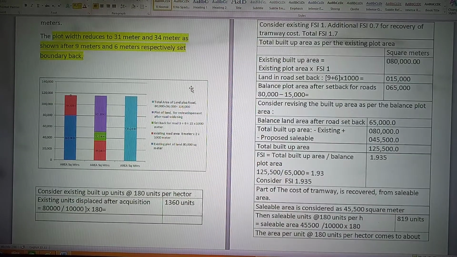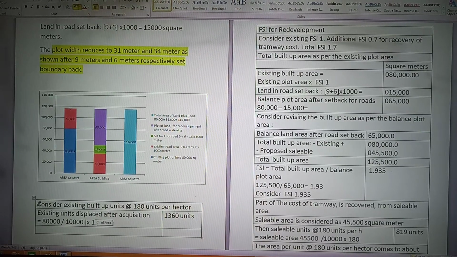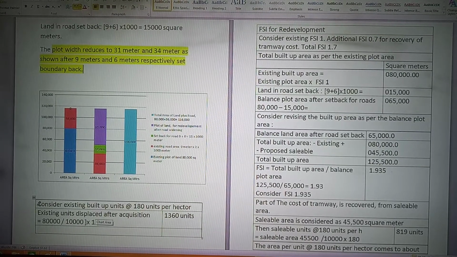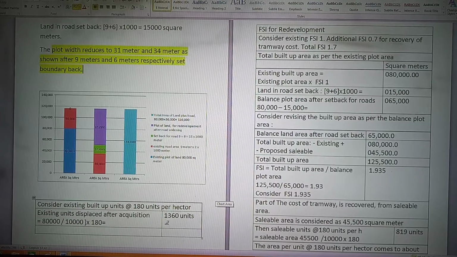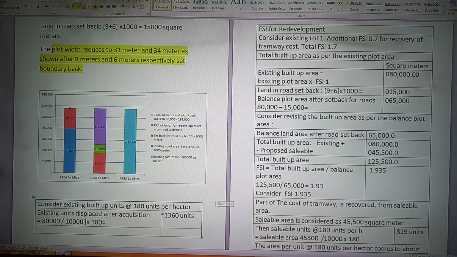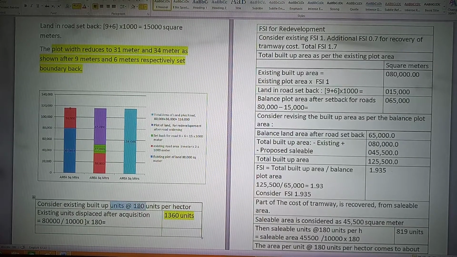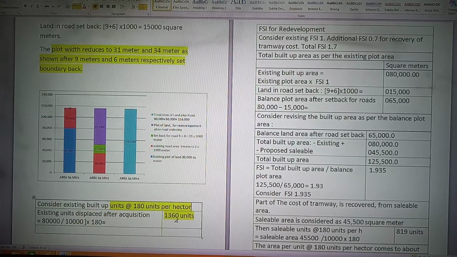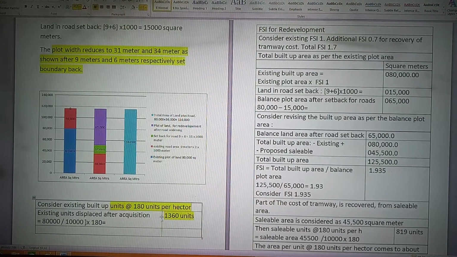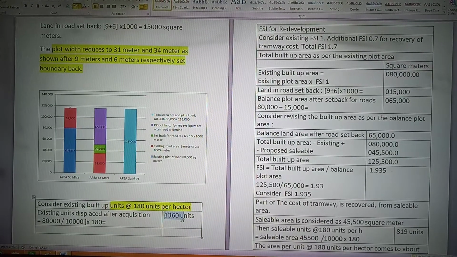So when we say we have acquired about 8 hectares of land and we are going to redevelop it, we are displacing about 1360 units. These units we have considered as per the density of 180 units per hectare, meaning we have to accommodate 1360 units when we redevelop the land.